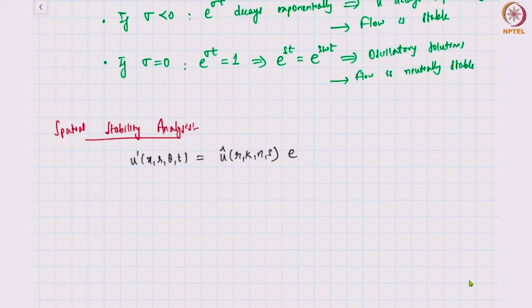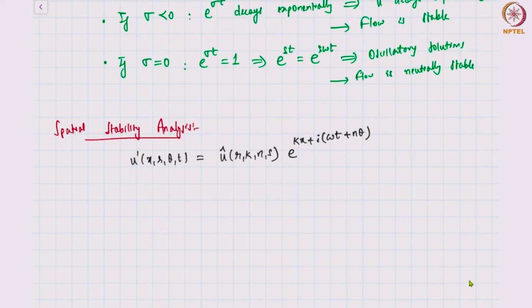I can say e power kx, but then I have an oscillatory behavior in time, so in time it's just a pure oscillation, or I can just say e power omega t plus n theta. That's better, where omega is just an oscillation and k on the other hand can be complex.